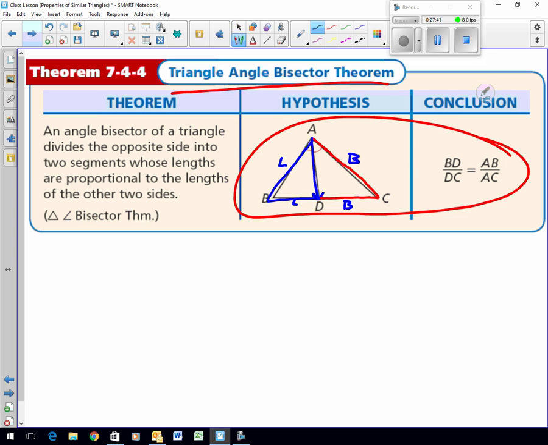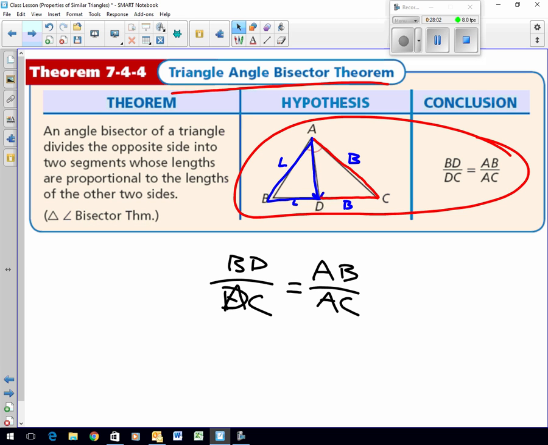But as long as B to D is on the top, and D to C is on the bottom, we're okay. But if I split it that way, the same side length, A to B, has to be on the top, and A to C has to be on the bottom. Okay? So to help out our big little computer.